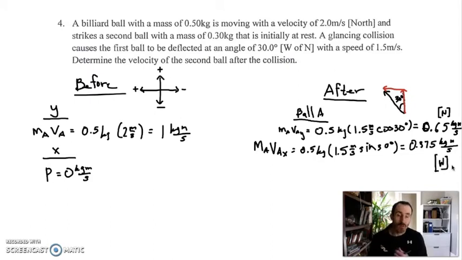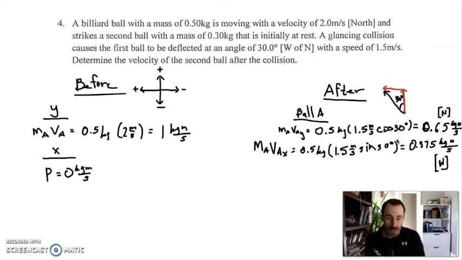Okay, so now is when we're looking at what does that mean about the other ball. So we know that the total y momentum at the end should be 1 kilogram meter per second. The y momentum of ball A is 0.65, and so that means that the y momentum that's left over for ball B would be 0.35 north, right? Because ball A's north momentum and ball B's north momentum should add up to 1.